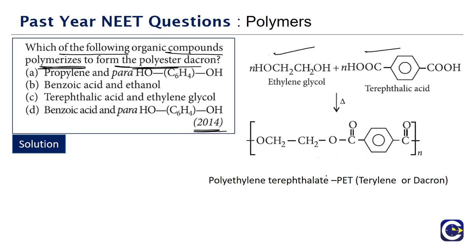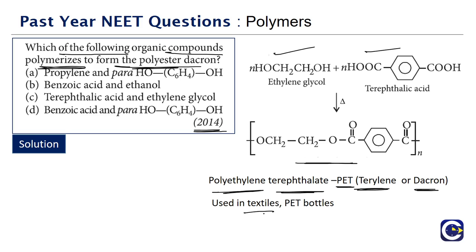When they undergo polymerization, they form polyethylene terephthalate, which in short we call PET, and that's where the name PET bottles comes from. Polyethylene terephthalate can also be called commercially either terylene or Dacron. These are used in textiles as well as in making PET bottles.